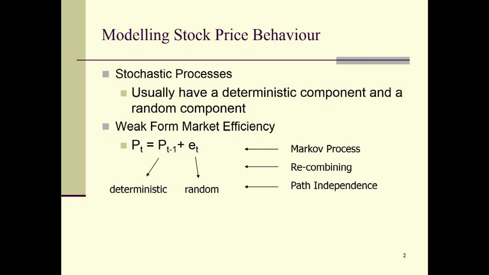Now, can you see from the formula whether or not there is a historical component in there? Do we use past prices? What do you think? T minus 1 is the past. So you think T minus 1 is historical?